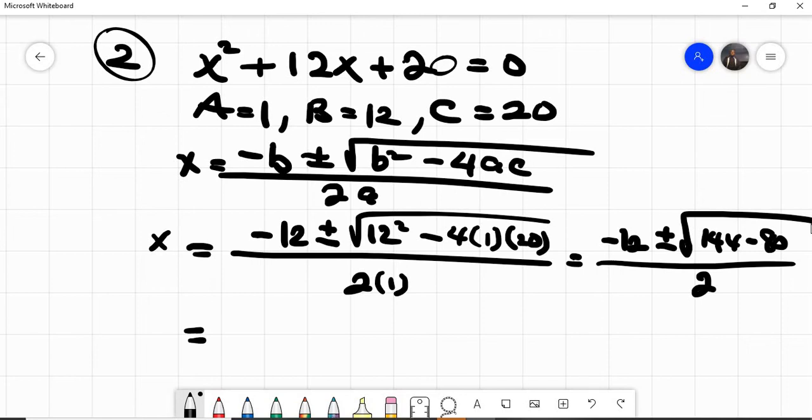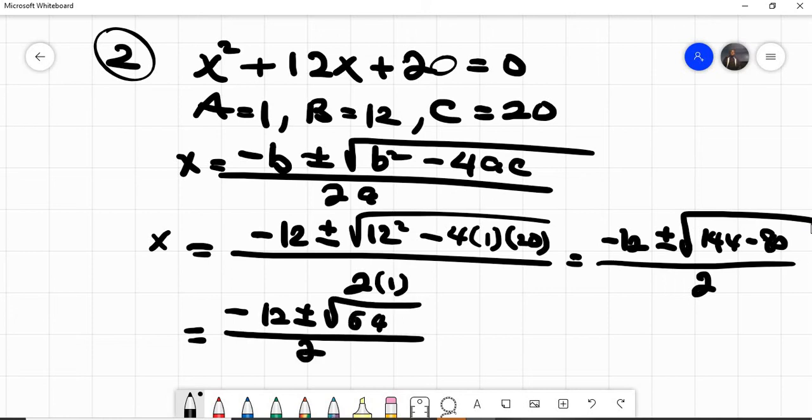That equals 144 minus 80, which is 64. So this one is going to be minus 12 plus or minus square root of 64, divided by 2, which equals minus 12 plus or minus 8 over 2, and then we can divide both numbers by 2.